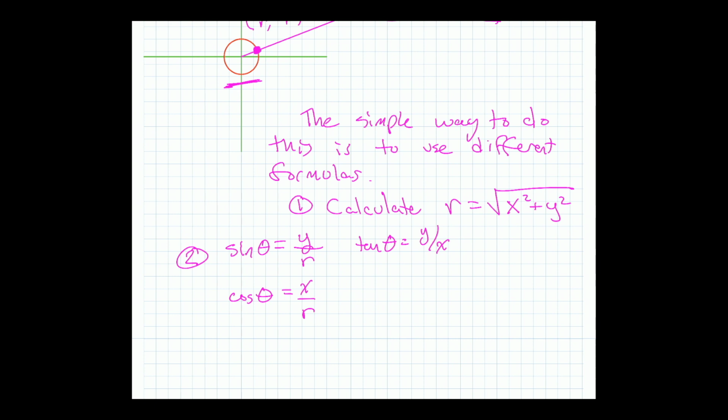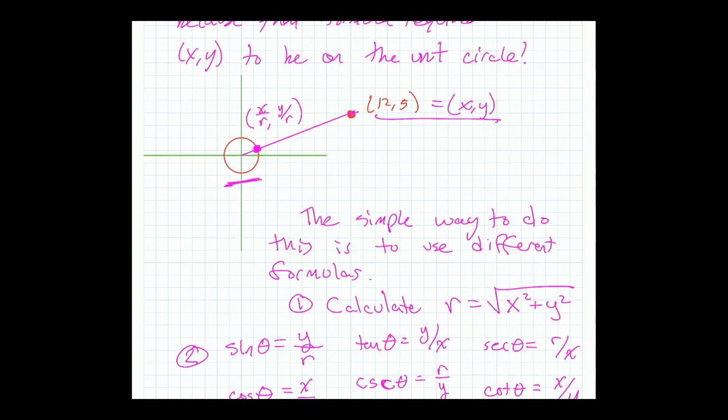Cosecant is 1 over sine, so that's r over y. Secant theta is 1 over cosine, so that's r over x. And cotangent is 1 over tangent, so it's x over y. All right? So these are the formulas that work when the point is not on the unit circle.